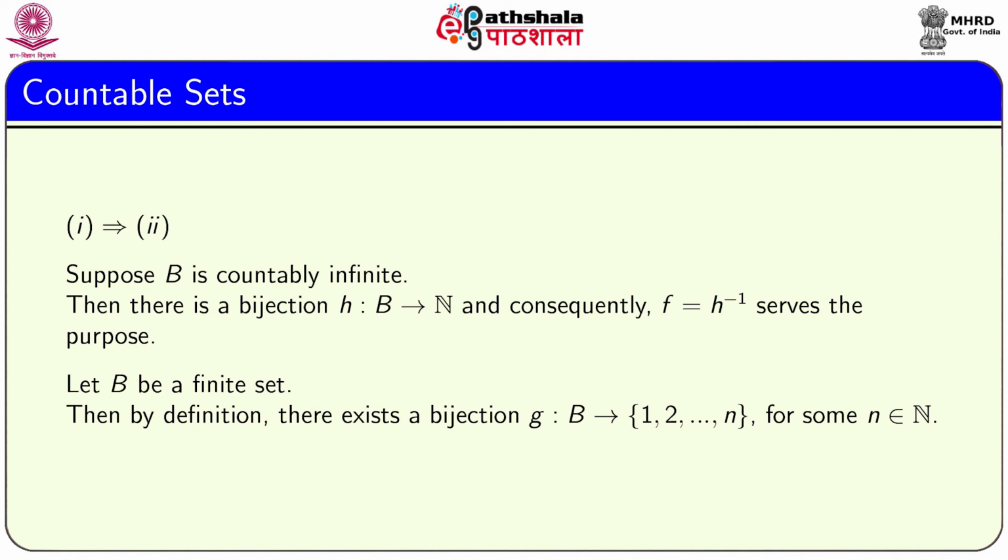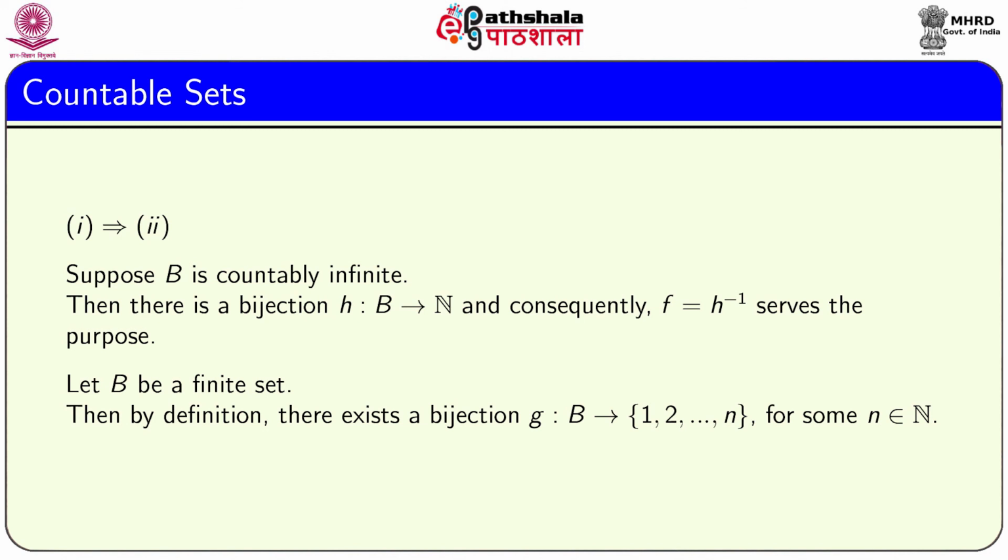To prove 1 implies 2, we start with a countably infinite set B, then there is a bijection H from B to N, and consequently taking the inverse H inverse equal to F, we get our desired condition 2. Let B be a finite set.